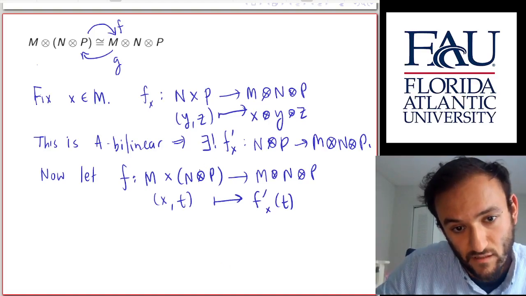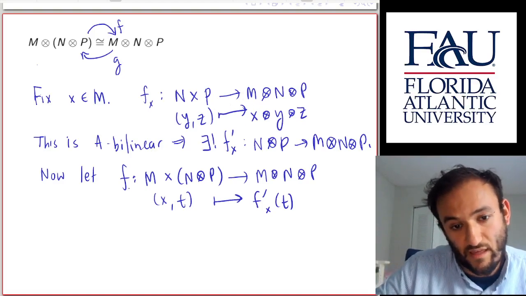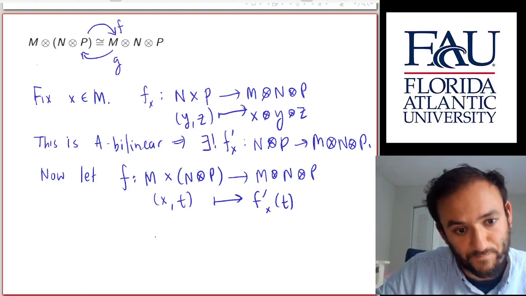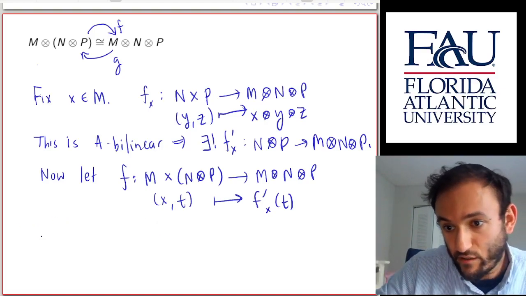Because f x prime maps N tensor P to M tensor N tensor P, and so this is perfectly well defined. And we also note that this is bilinear in both coordinates.